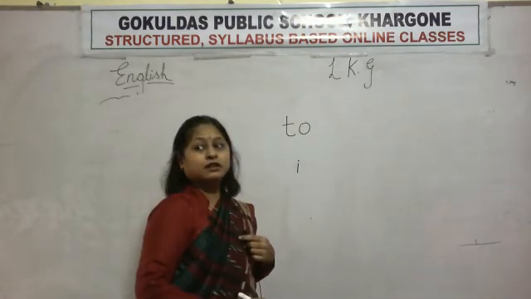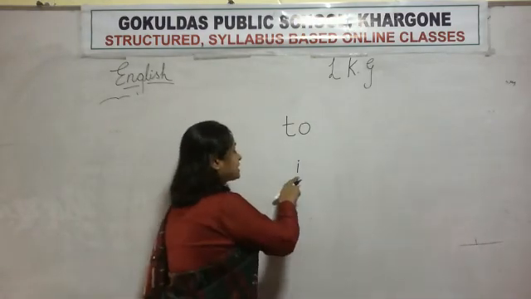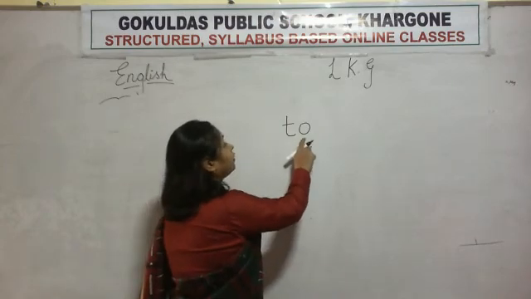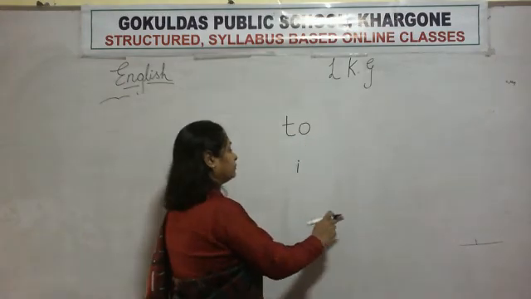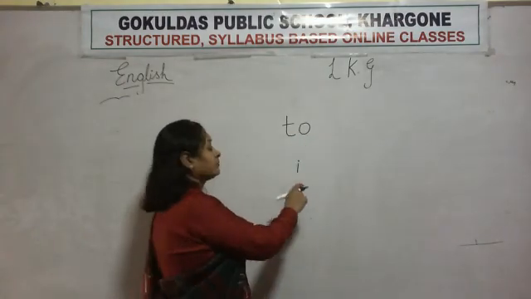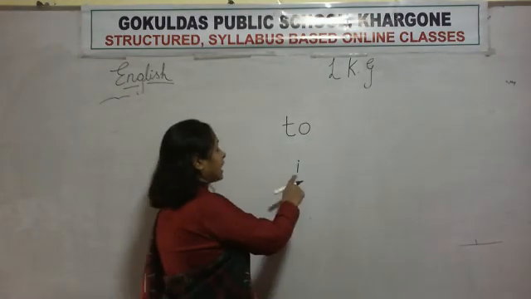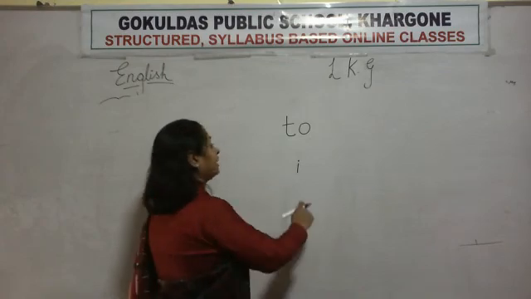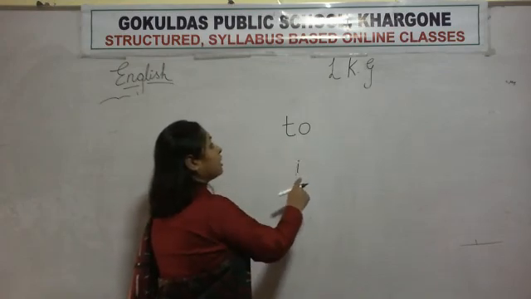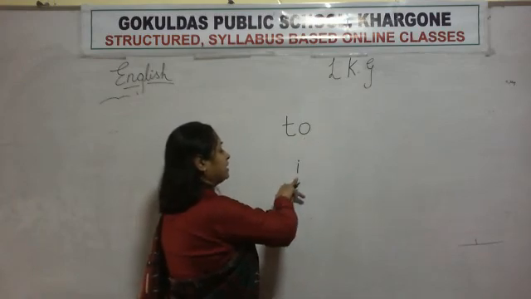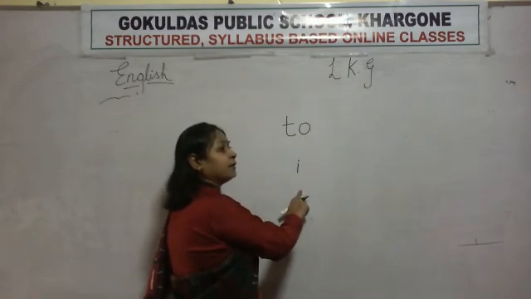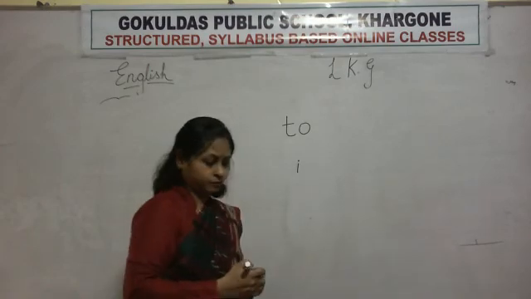I. Which sight word is this? I. T-O, to. Repeat after me. I. Okay. To. I go to my school. I am a girl or I am a boy.